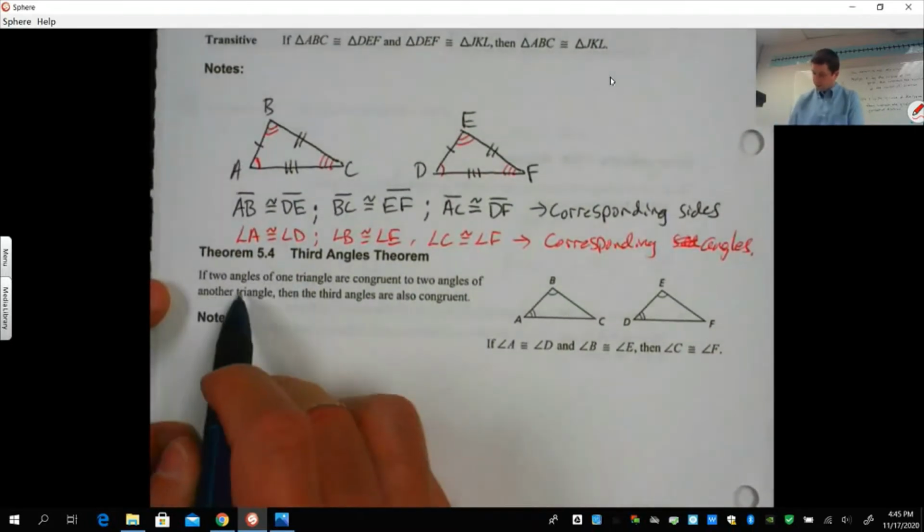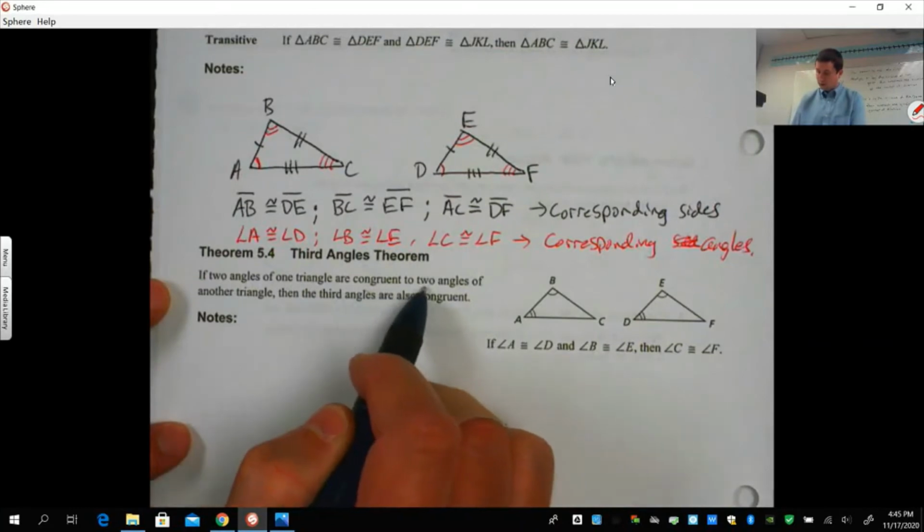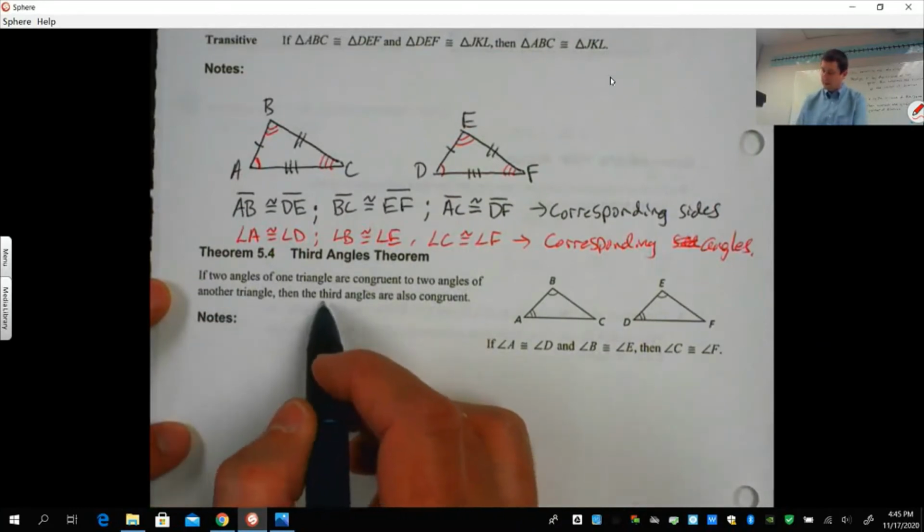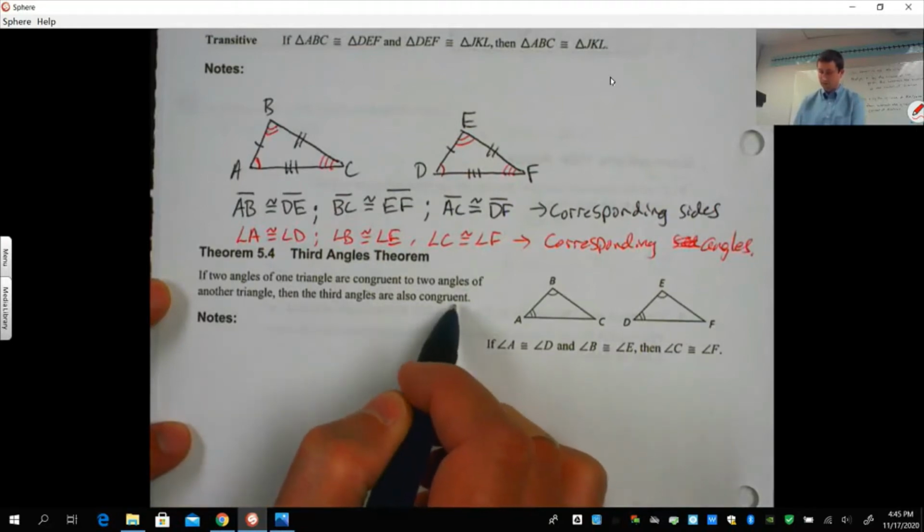Third angles theorem: if 2 angles of one triangle are congruent to 2 angles of another triangle, then the third angles are also congruent.